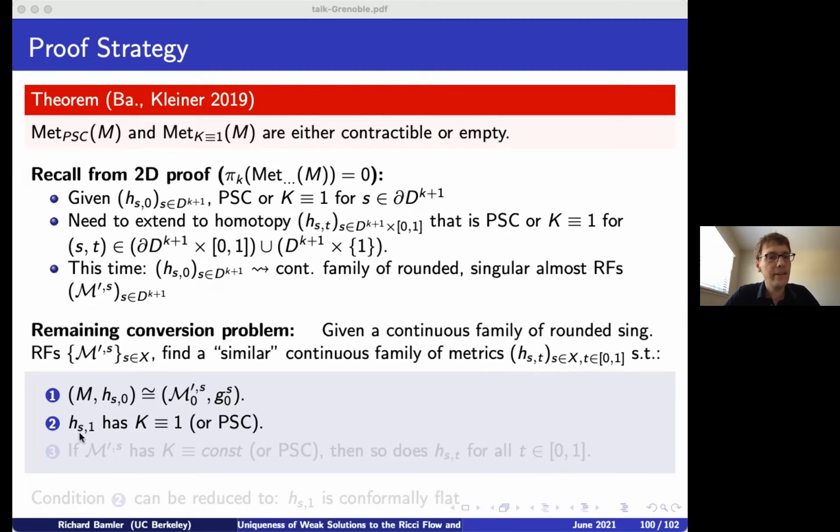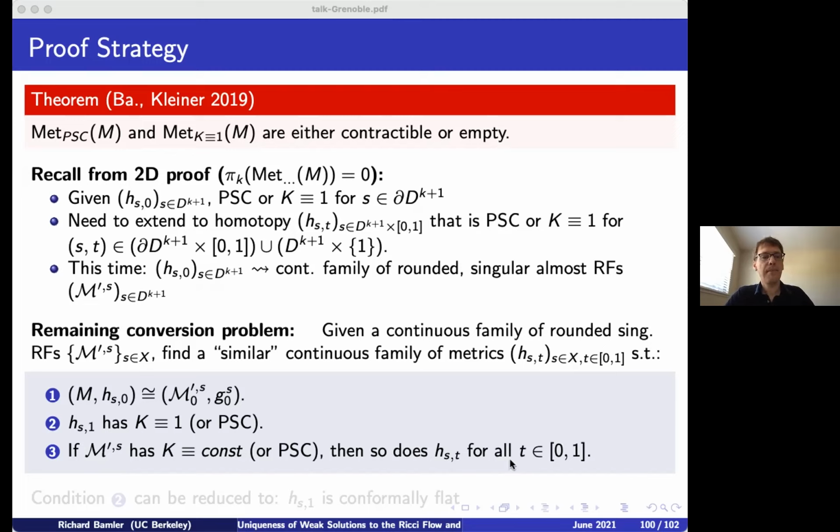So we can guarantee this by requiring that h(s,1) has constant curvature or is PSC. And moreover, we want the same whenever (s,t) is in this subset. We can require this by saying that if the corresponding rounded almost Ricci flow has constant curvature or is PSC, then so does h_st for every t from 0 to 1.